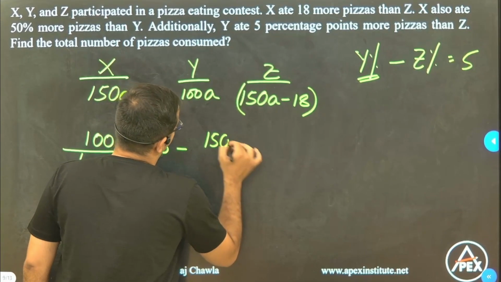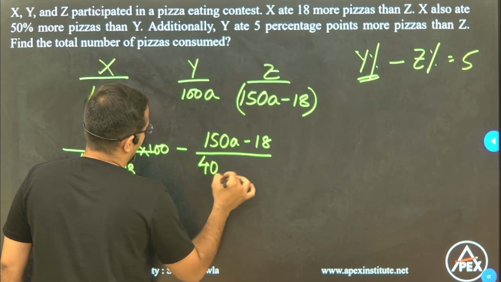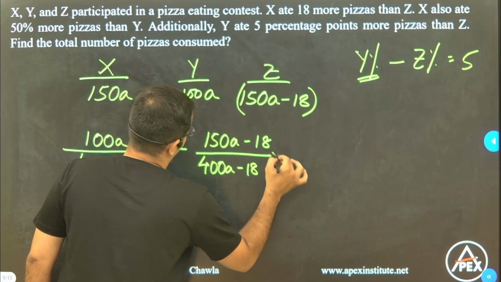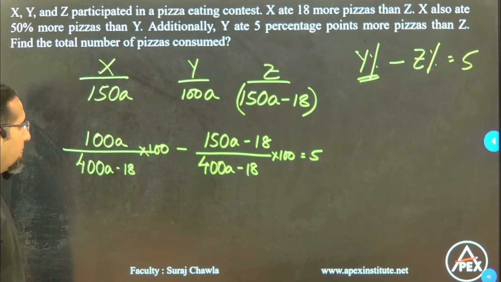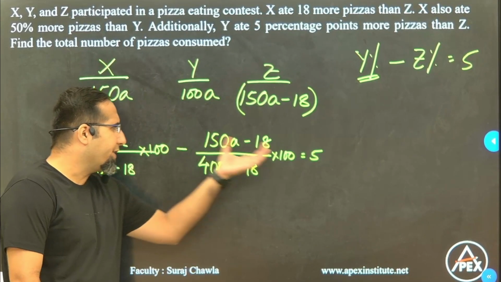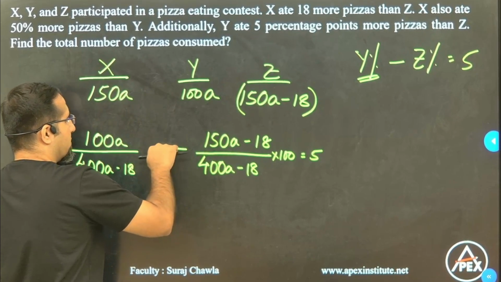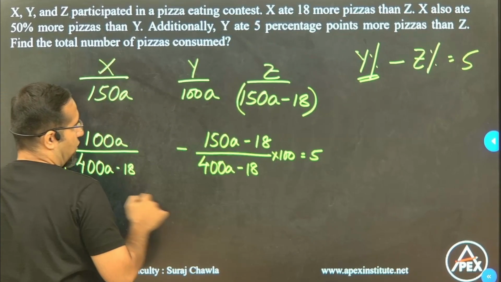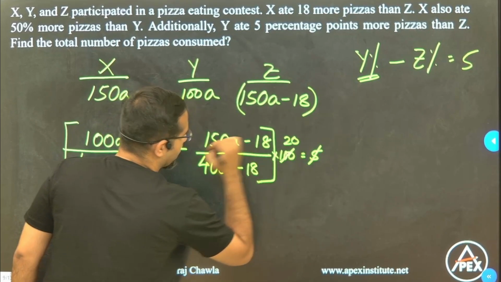The number of pizzas eaten by Z divided by total number of pizzas into 100, and this value is equal to 5. So I have an into 100 here, into 100 here. I can take 100 common, right? So let me take 100 common. मैं इन दोनों को erase कर देता हूँ और ये मेरा जो value है वो 100 का common हो गया. 5 ones are 5, 20s.